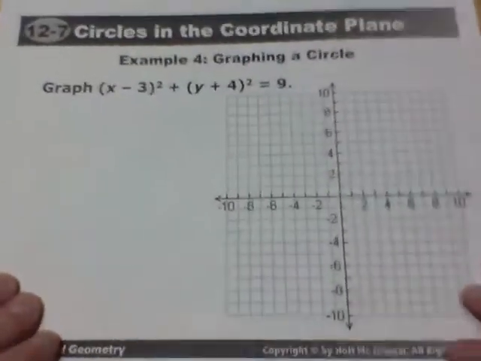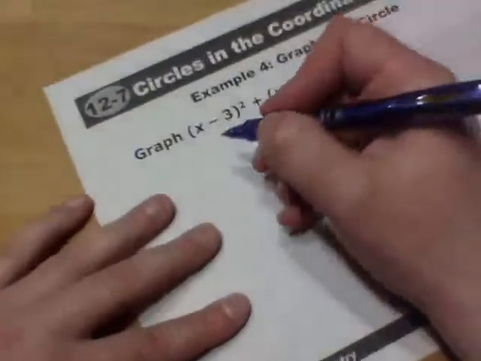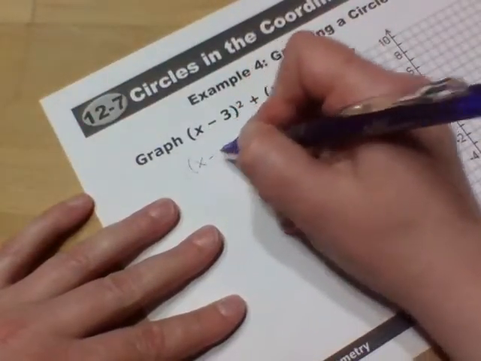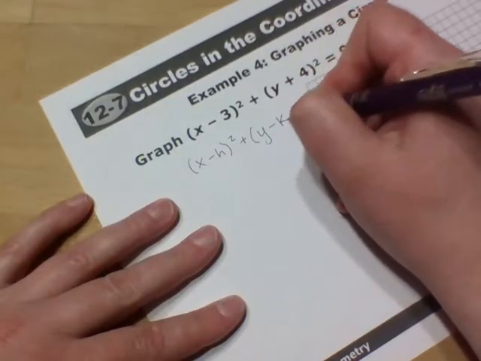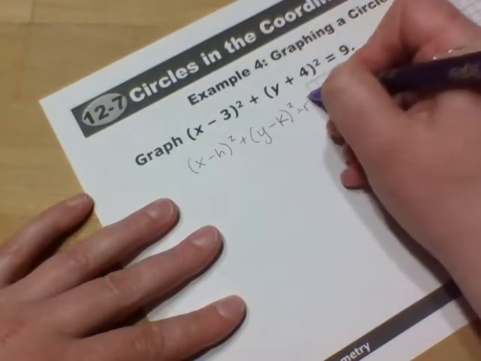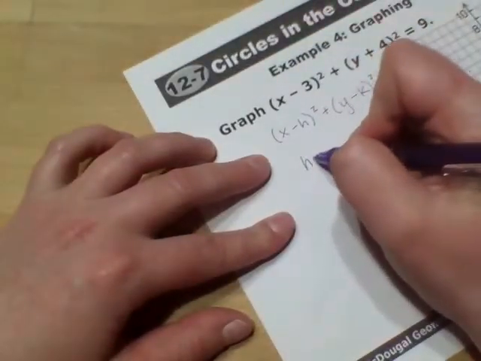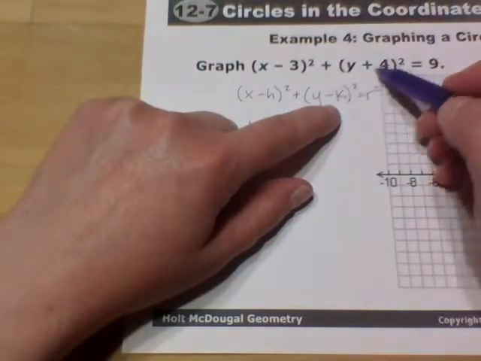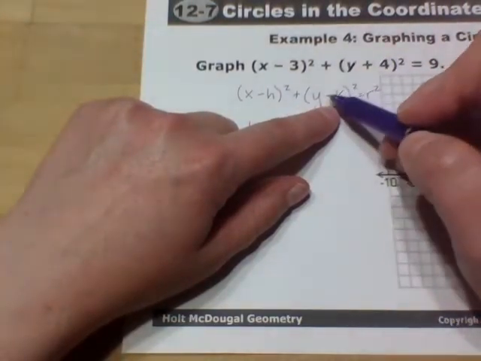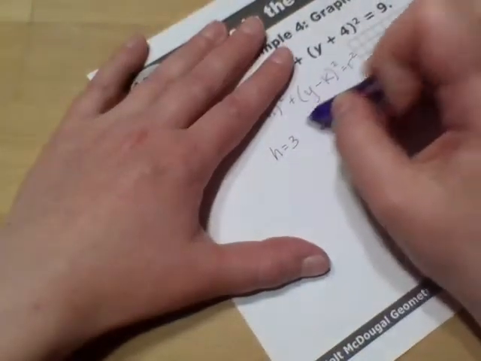All right, and then the last one here doesn't have a center at 0 anymore. So again, referencing (x minus h) squared plus (y minus k) squared equals r squared, our h value is going to be 3. But our y value, notice, has a positive in here, which means that we need y, well, I just jumped.